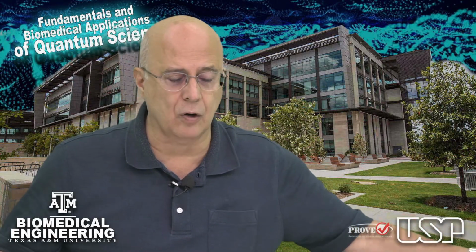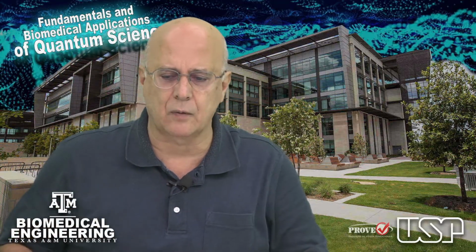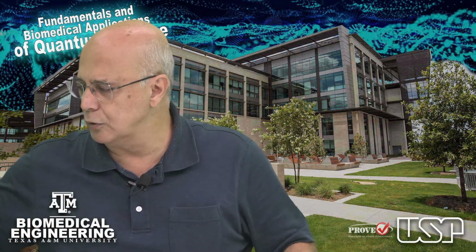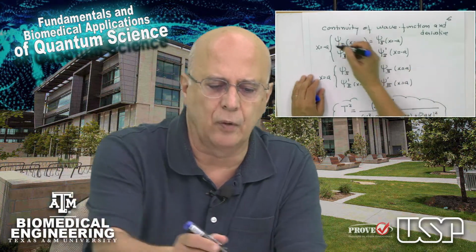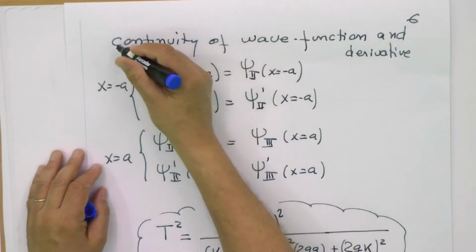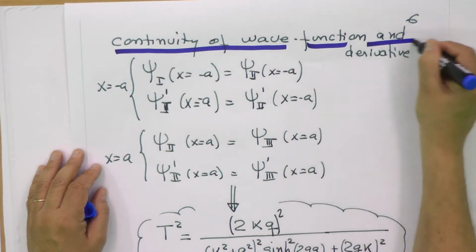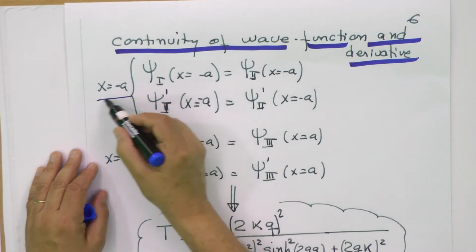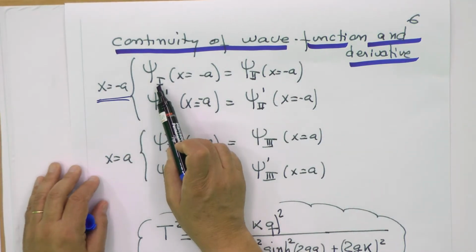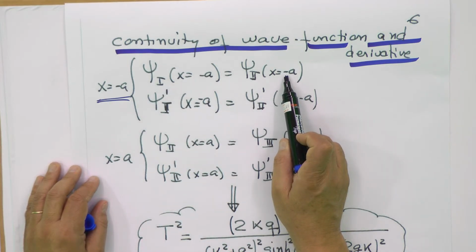And what are the consequences of this? Well, we're going to apply now the continuity of the wave function and of its derivative, because there is no reason for the momentum to be discontinuous in this system. So at x equal to minus a, the solution of region 1 must match the solution of region 2.